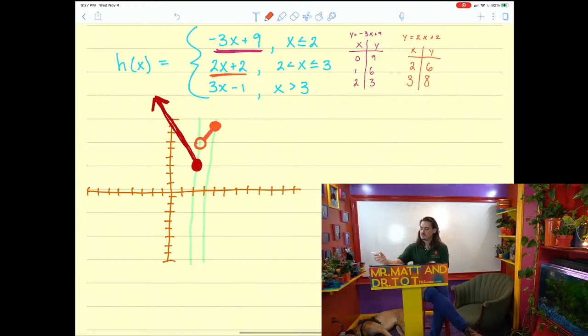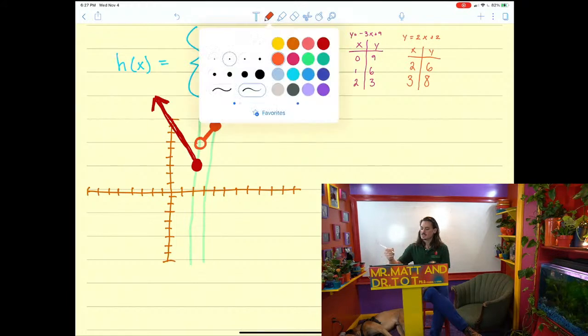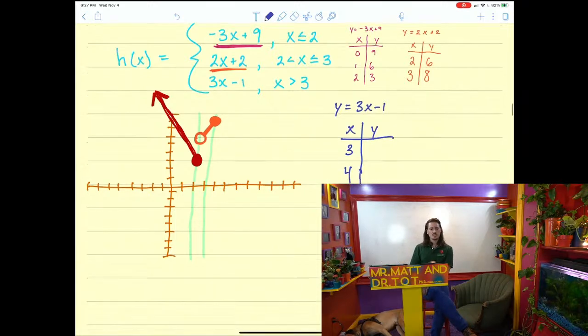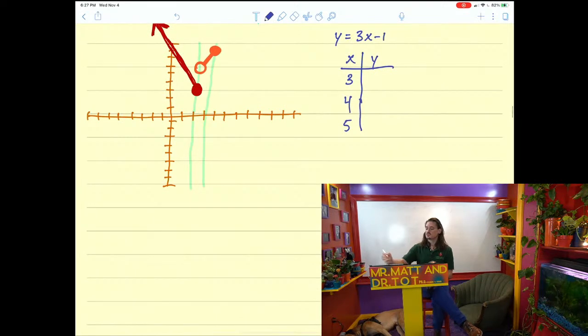And then when x is greater than 3, we're guided by y is equal to 3x minus 1. So if we draw out a little table here, we're starting at x is equal to 3. So let me just look at when x is equal to 3, 4, and 5. Plugging in 3 for x, we get 3 times 3, which is 9, minus 1, which is 8.